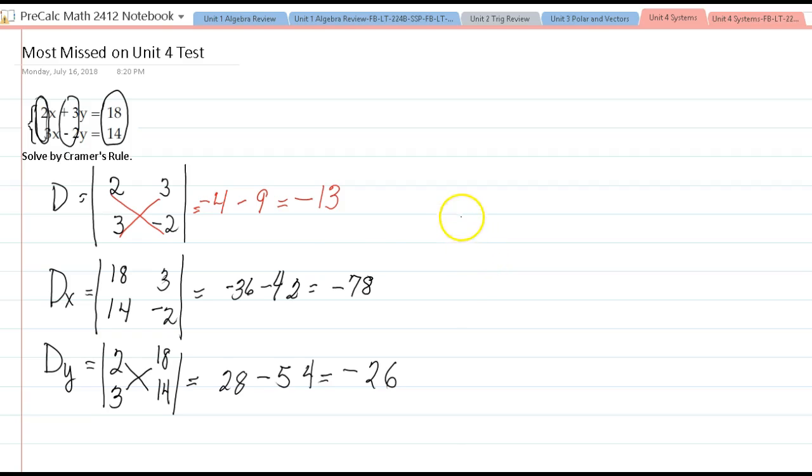Alright, so in order to find our x and our y, we take our Dx and divide it by the determinant of our coefficient matrix. In our case, that's negative 78 divided by negative 13. We're going to get a positive answer, so that's going to be a 6. Then we do the same thing for our Dy.